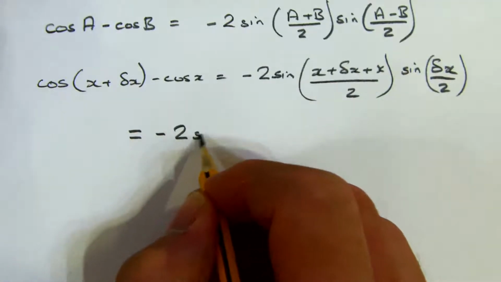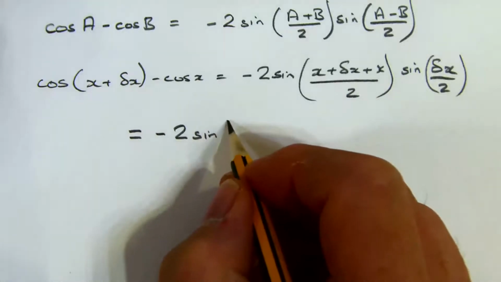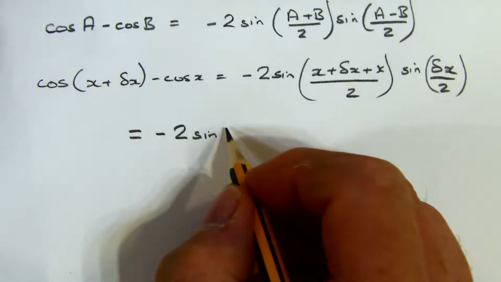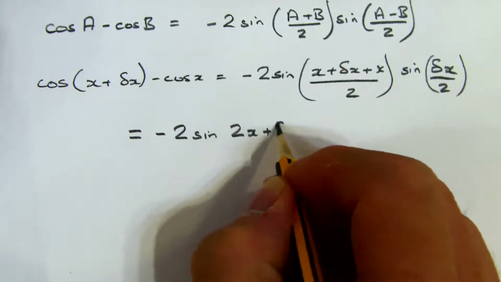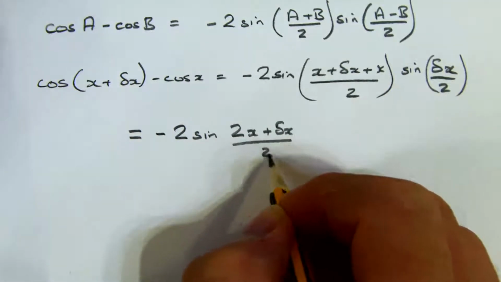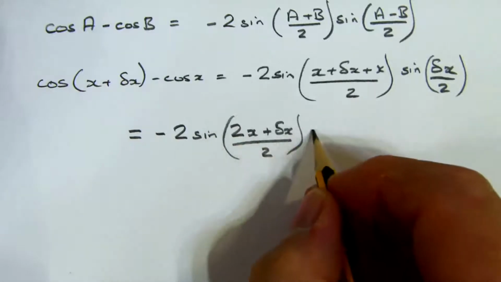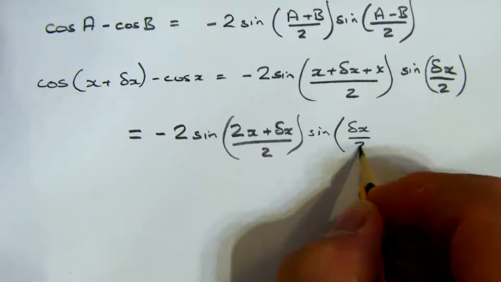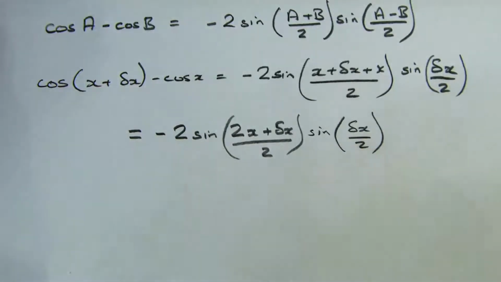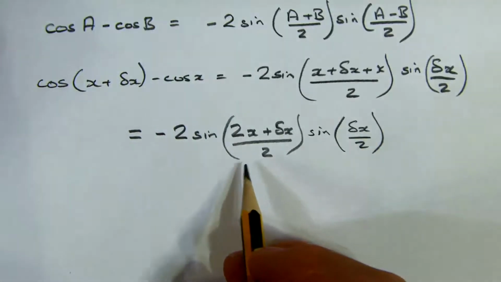Minus 2 sine of 2x plus delta x over 2, sine of delta x over 2. We can see this is going the same way as we did with the sine.